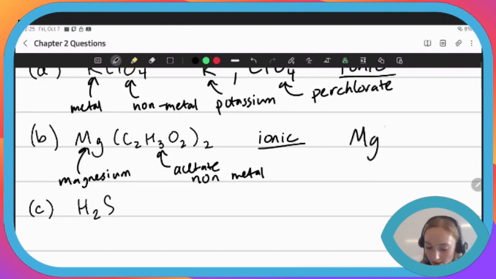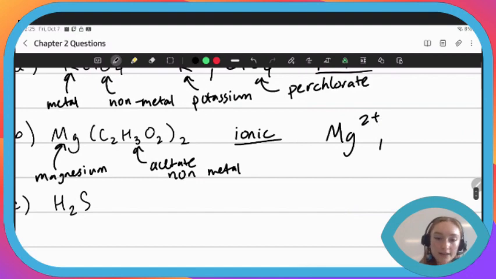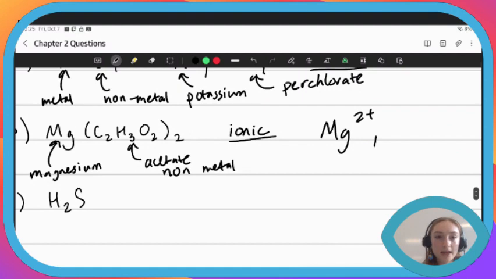So the magnesium has a 2 plus, and the acetate normally has a minus charge, and since there are 2 of them, that's how many you need to balance it out. So you have 2 of the acetate, and that's what that looks like right there, because there are 2 of those ions.